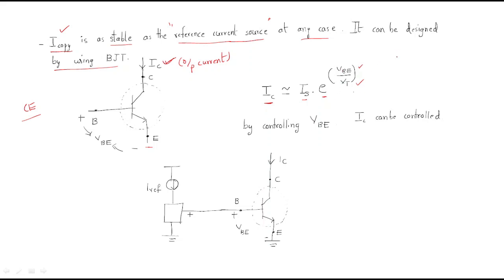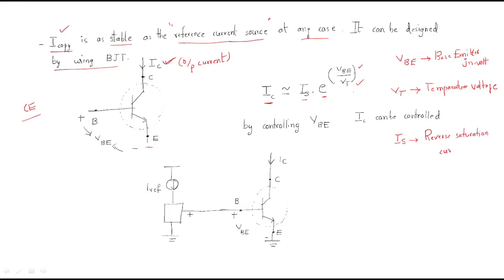How we can write this collector current: it will be approximately equal to Is into e power VBE by VT. What is VBE? VBE, you know, is the base emitter junction voltage. And what is VT? This is the temperature voltage constant. What is Is here? Is is the reverse saturation current.